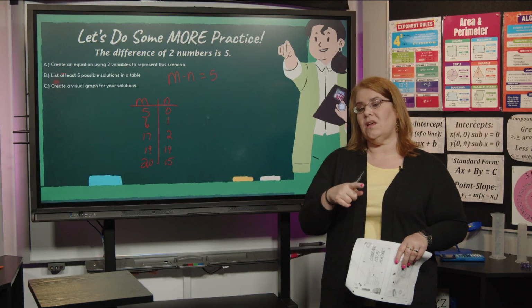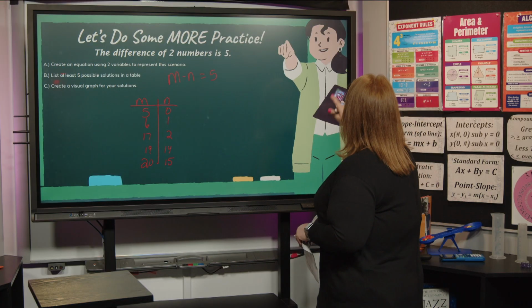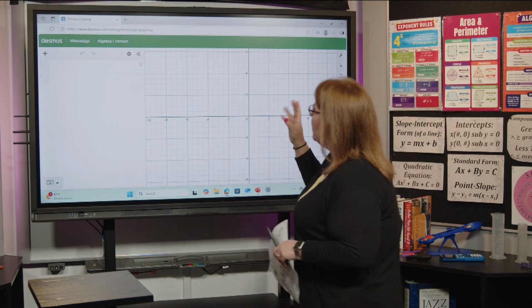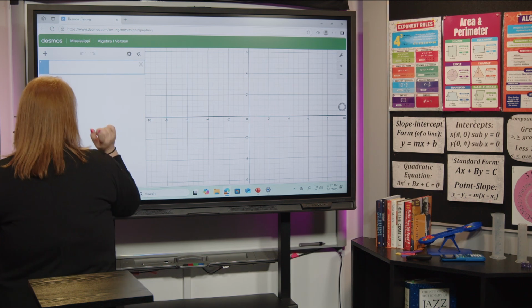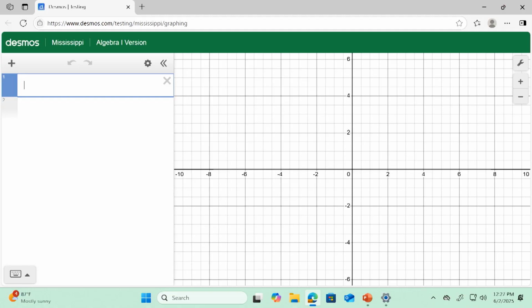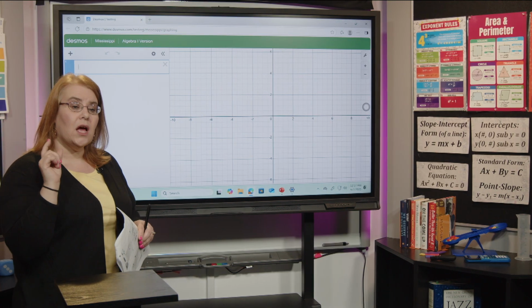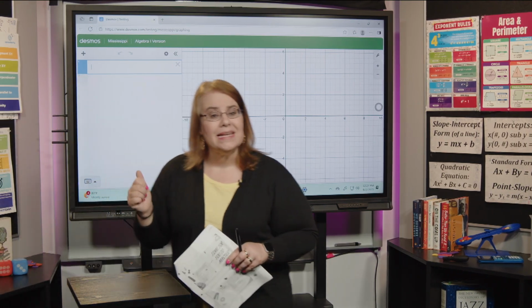So my question is, what would this look like if we graphed it? Let's see. I'm going to pull up my calculator, Desmos, and I'm going to put in some of my possible answers. Now, this is when we're going to use a new skill for Desmos. We are going to put a table in Desmos.